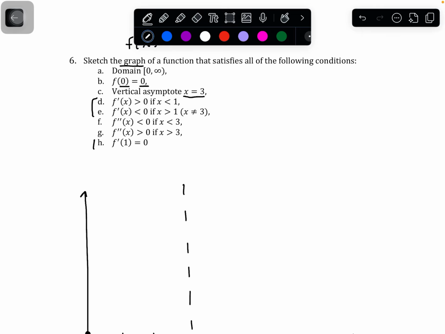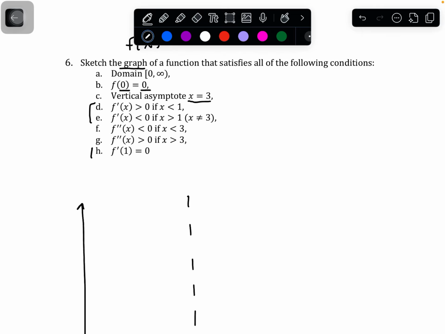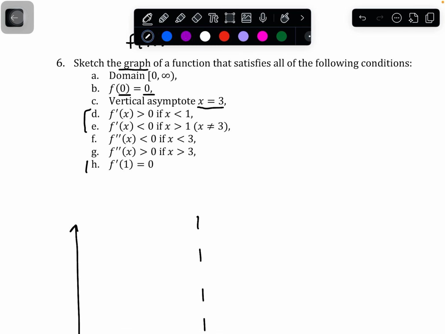So we're told that the first derivative is greater than 0 when x is less than 1, and it's less than 0 when x is greater than 1. So what that means to me is that, well, look at H. H says that f prime of 1 is equal to 0, right? So that means at x equals 1, I have a critical point.